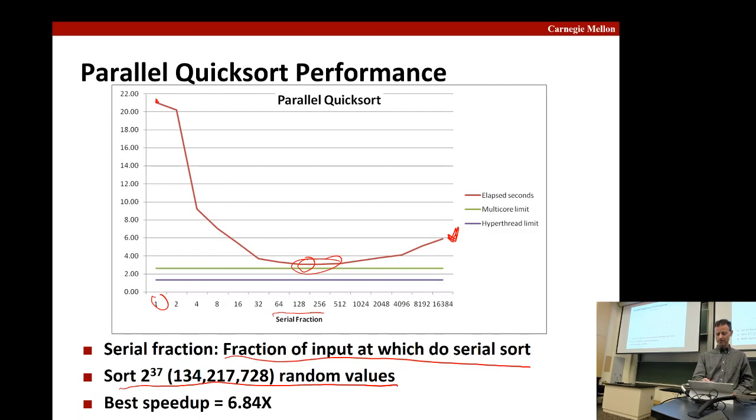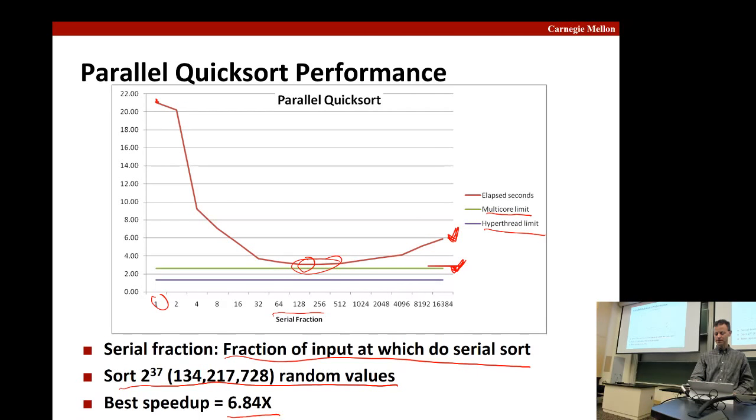And the best speed up that you get in the end is 6.84, even though you're running on 8 cores, so if you just got a factor of 8 speed up, you'd get there.